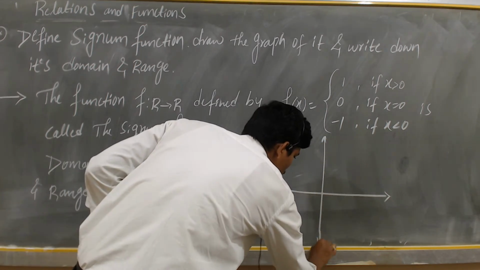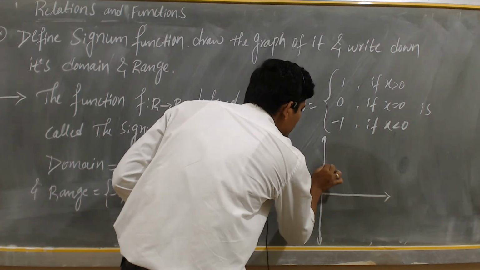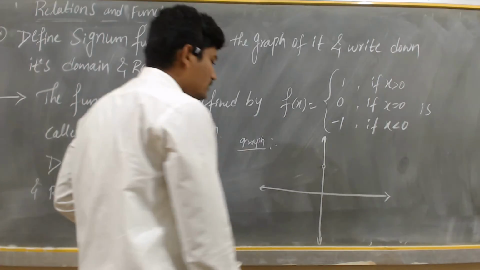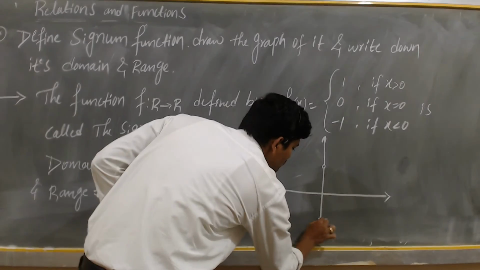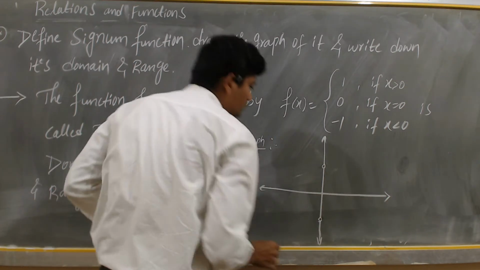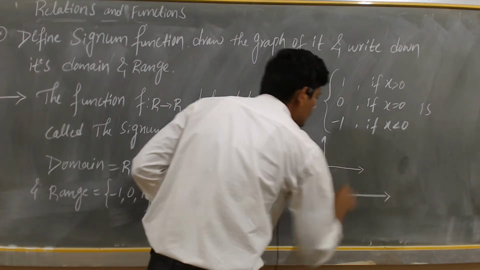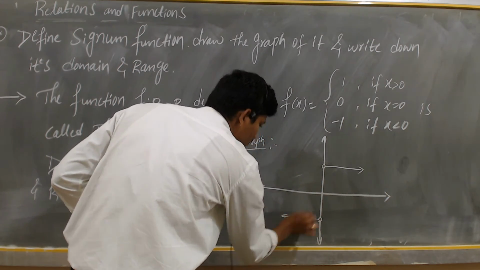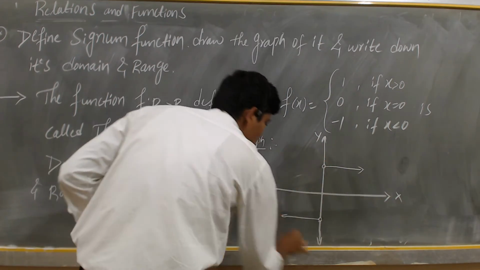So all of you must draw in your graph notebook only, because if you make it in a graph notebook, then only will you get correct information about this function. So this line will be towards the x-axis, this goes towards the negative side, and this is x, y, x dash, y dash.